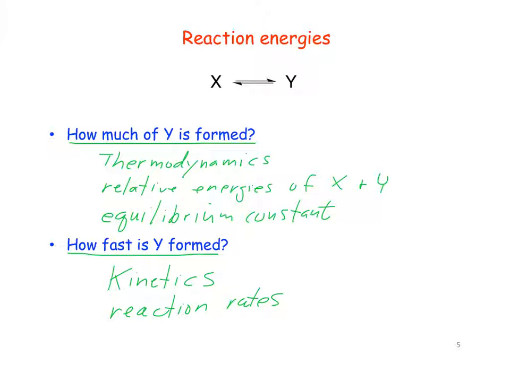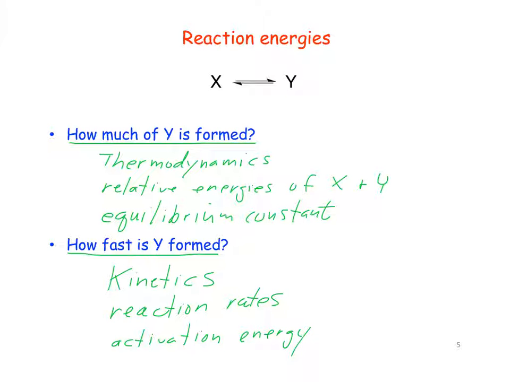So what is it that controls the reaction rates? We saw that equilibrium is controlled by the relative energies of the reactants and products. What controls the rate? Okay, the rate is controlled by the activation energy. Okay, and we'll look at that in just a second.